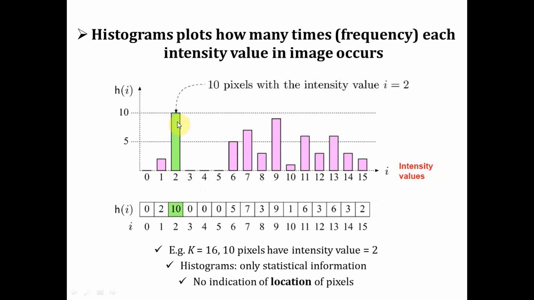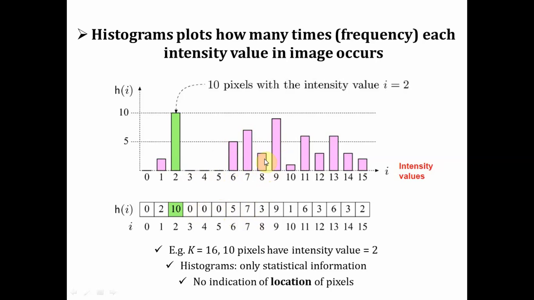It provides me the histogram for the gray level 2. Similarly, for gray level 1, it repeats 2 times, or twice; 3, 0; 4, 0; 5, 0. Then gray level 6 repeats 5 times, so it touches this 5 line. Then 7 repeats 7 times.